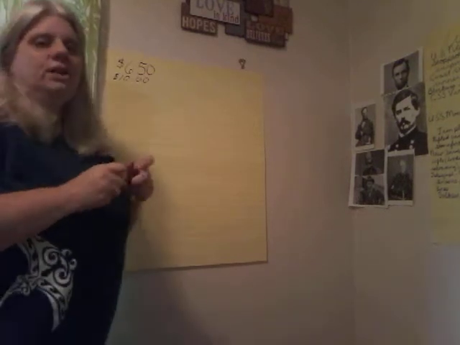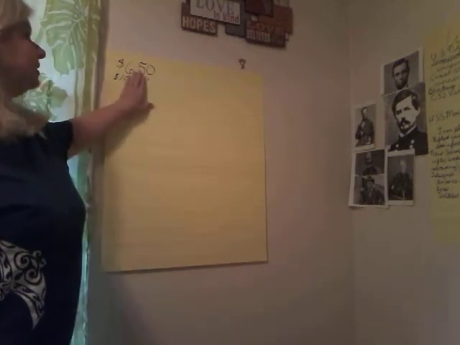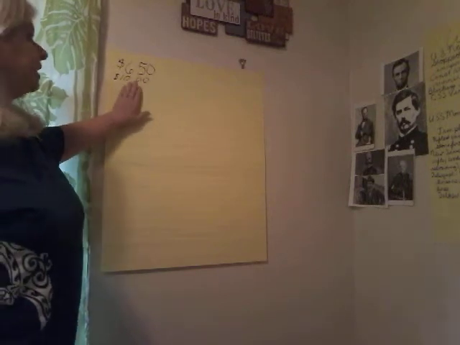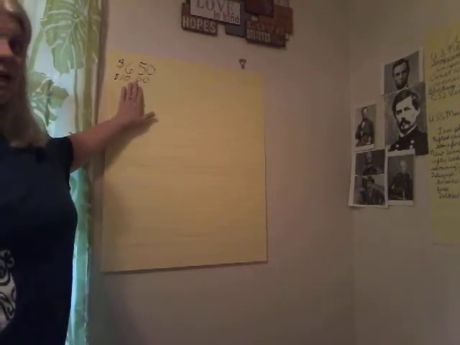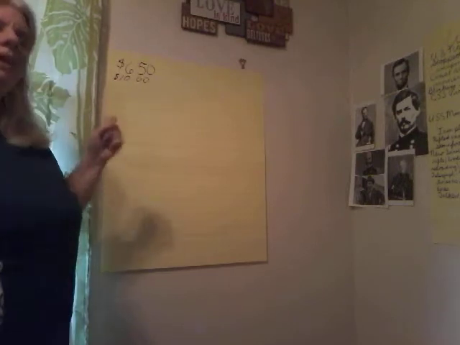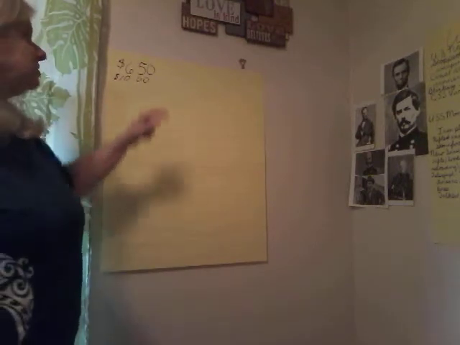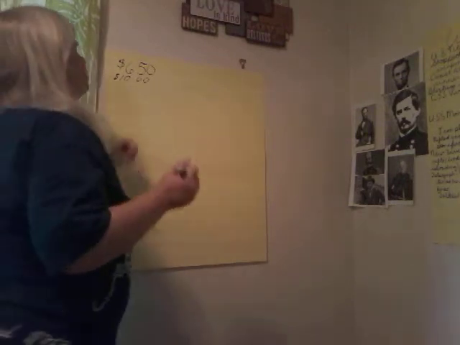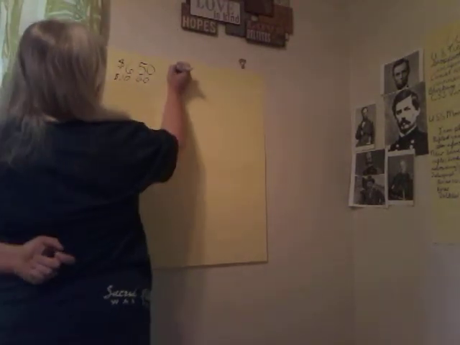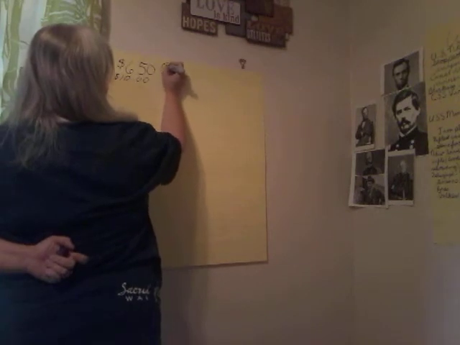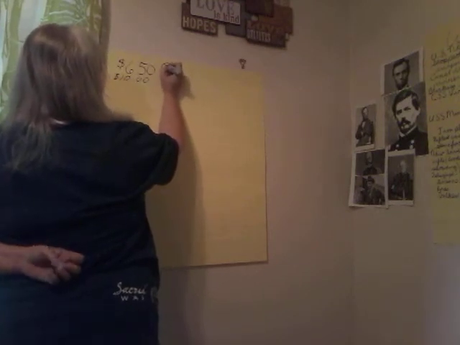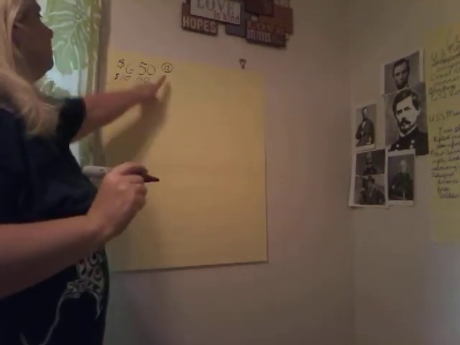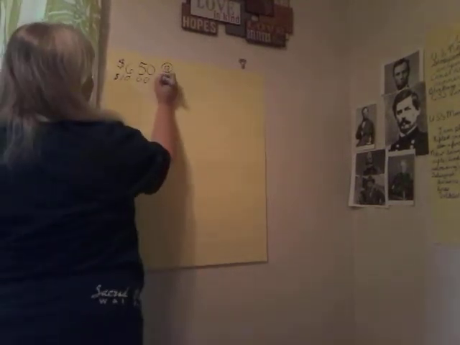So the goal is to count up from $6.50 to get to $10. My first goal when I'm counting back change is to get rid of all the cents I can. So if they gave me $6.50, the first thing I'm going to do is give them a quarter. So that will get me to $6.75.